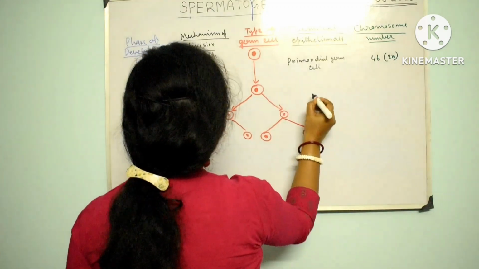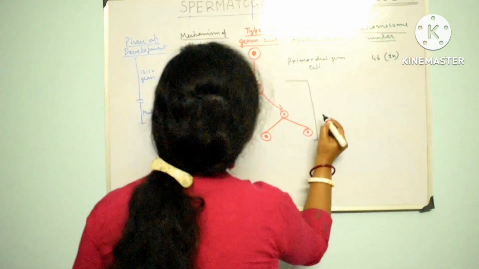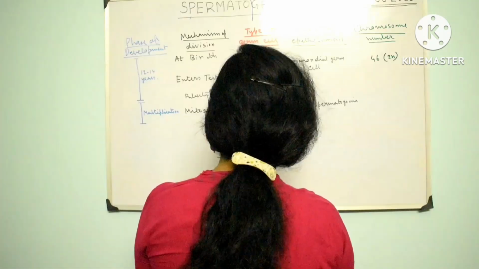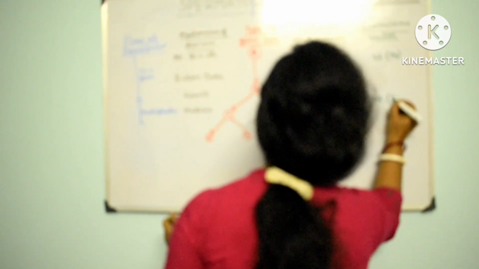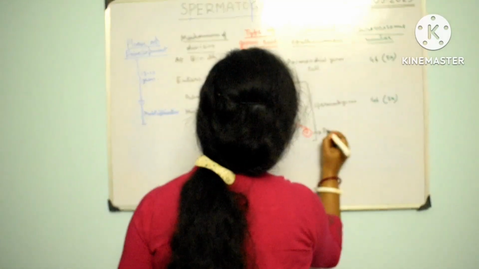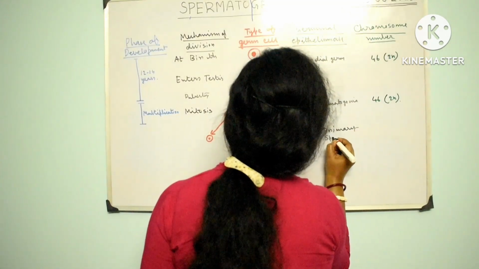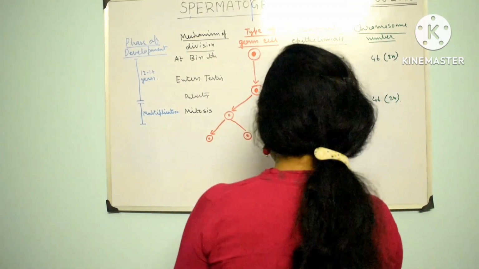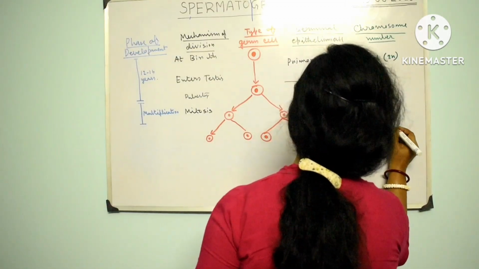Now they are known as spermatogonia, and the chromosome number is 46. These then become primary spermatocytes, where the chromosome number is 46.